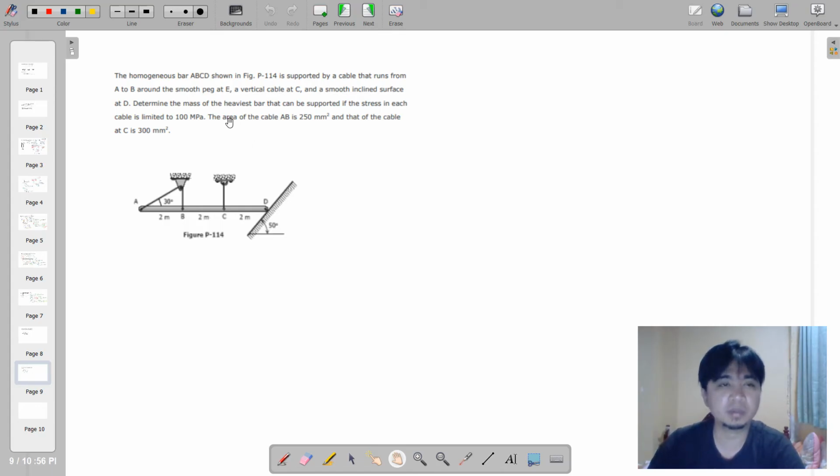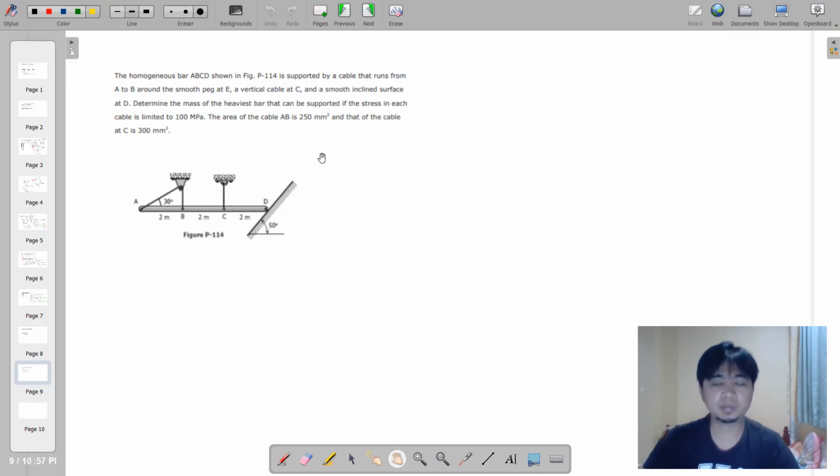And if the cable is just only limited to 100 megapascal, and under that condition, the cable AB is 250 millimeters squared, and the cable at C is 300 millimeters squared.